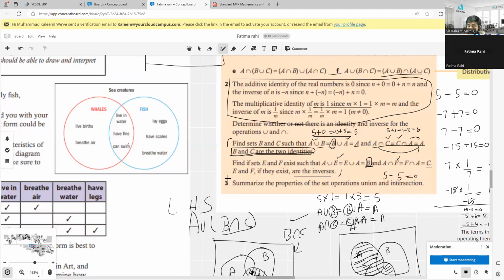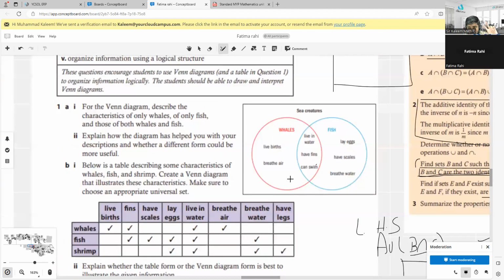Zero will bring change when we multiply it with any other number, so zero is not a multiplicative identity. Zero is an additive identity. When checking additive identity, you add them; for multiplicative identity, you multiply them. The same goes for the inverse. Here we discussed two things, identity and inverse, for different operations: addition, multiplication, union, intersection.